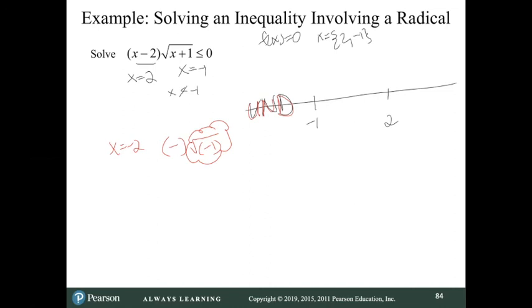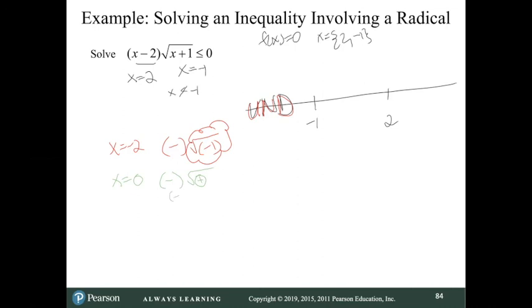Okay, our next interval that we'd like to test is between negative 1 and 2. So let's pick 0. Whenever you can, pick 0 in your interval, unless it is an x-intercept, it's a good number to test. 0 minus 2 is negative. Square root of 0 plus 1 is positive. Square root of a positive number will always be positive.